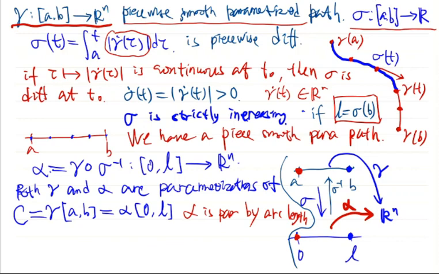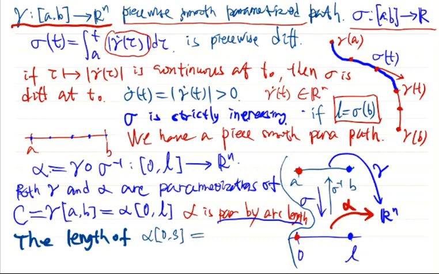We explain why such alpha is called parametrized by arclength. Geometrically, this means that the length of this part is precisely s, as we prove this result in the next page.